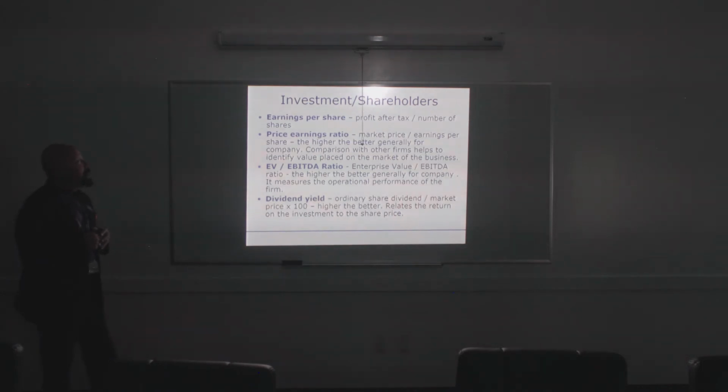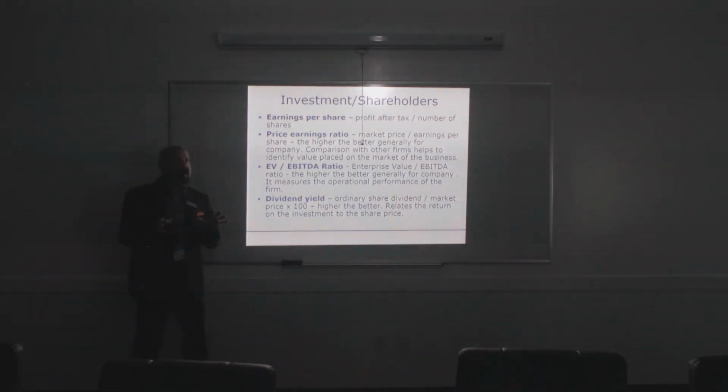Comparison with other firms helps to identify the value placed on the business by the market. I want to give you an example. In the automobile industry here in the United States, when somebody is thinking of investing in GM, Ford, or Chrysler, they're going to compare the price earnings ratios to each other, and they're going to see which one is the best one.